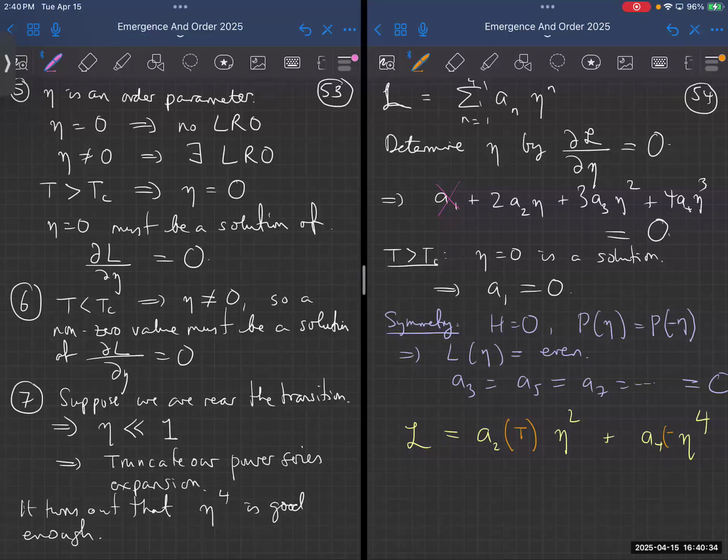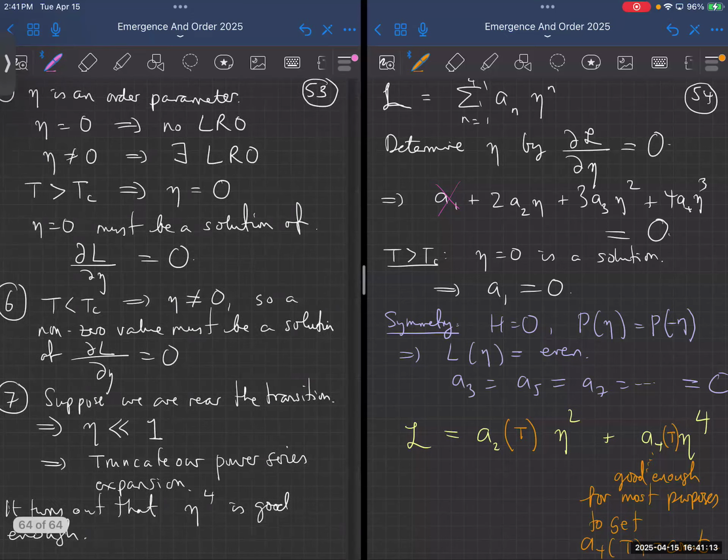Even though in principle it does depend on temperature, in fact it'll be good enough for most purposes to set a4 of T equal to a constant. Why? Because I can just do a power series expansion of the coefficients in powers of T minus T_C, and those will be higher order corrections to the things that I would like to calculate.